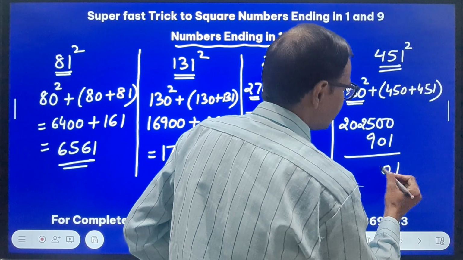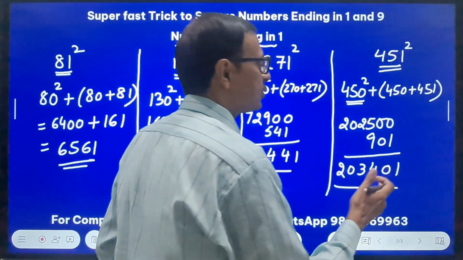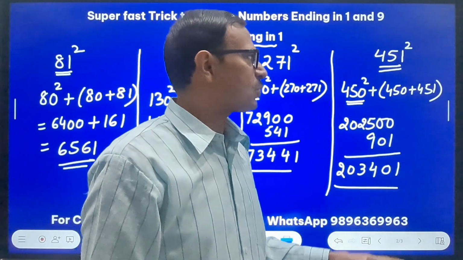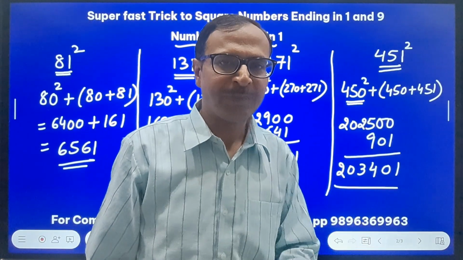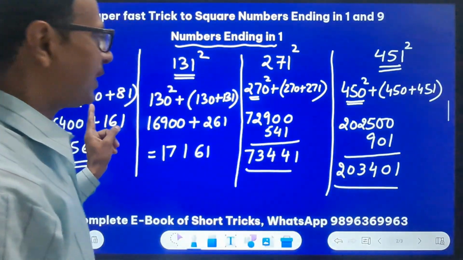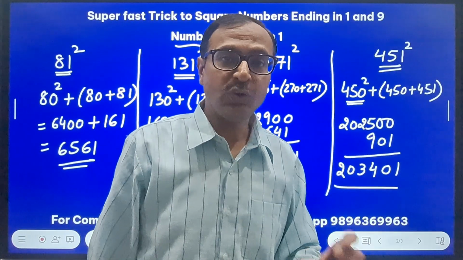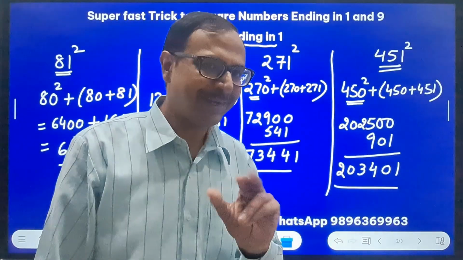You get 203401, it is the square of 451. See, when you have understood the logic, application part is really important, so that you can skip steps and you know why you are skipping steps, right?